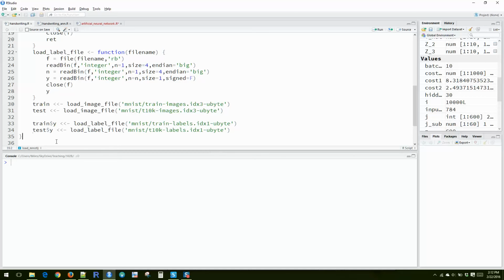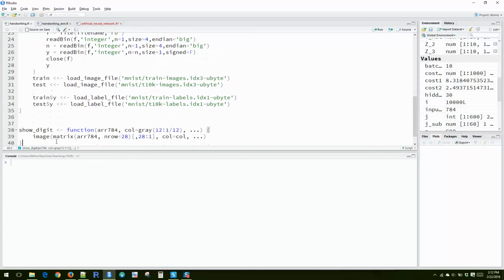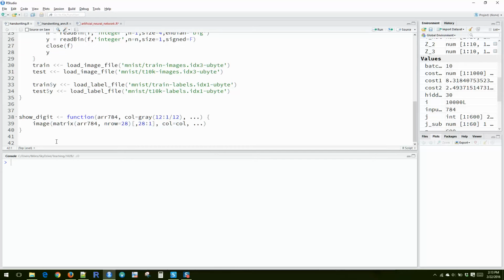It's going to load train as a list and test as a list, and then we can take a look, and then it creates a function to actually display the digit.